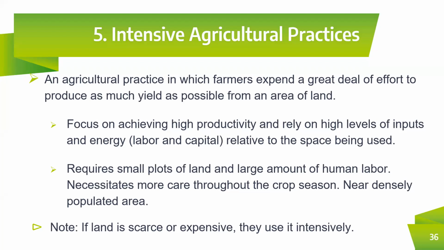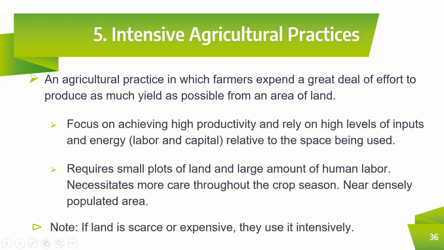This type of practice focuses on achieving high productivity, relying on high levels of inputs and energy. By inputs, I mean chemical fertilizers, pesticides, growth regulators or animals, and energy, labor. Energy is always needed to run machines, to work the land by hand, utilizing various degrees of technology. And all of this, of course, is relative to the space being used.